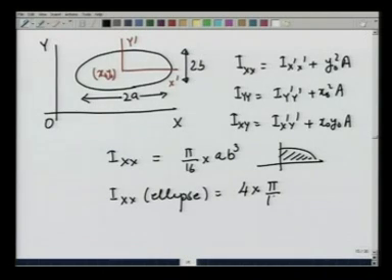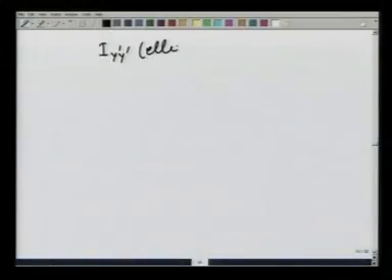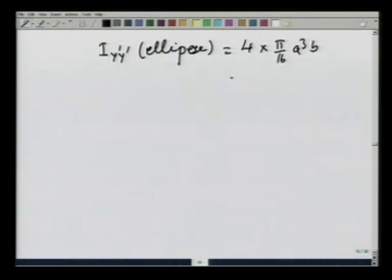So, this is going to be 4 times pi over 16 a b cubed, which is pi over 4 a b cubed. Similarly, I_y' for the ellipse is going to be 4 times pi over 16 a cubed b, which is pi over 4 a cubed b, and I_x'y' is 0.